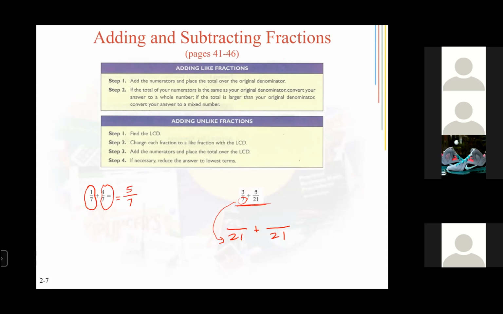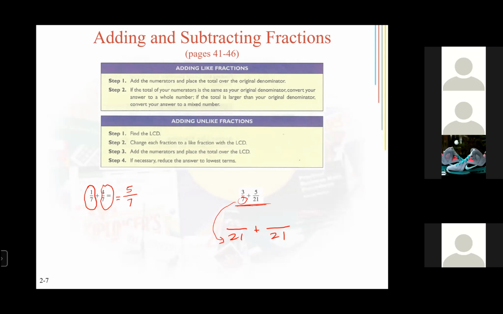What are we doing? Multiply or divide? Divide is going to make it smaller, multiply is going to make it bigger. So you're making it bigger because you're moving from 7 to 21. Okay, so how can you get from 7 to 21?